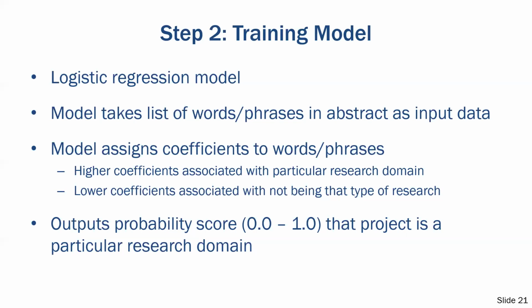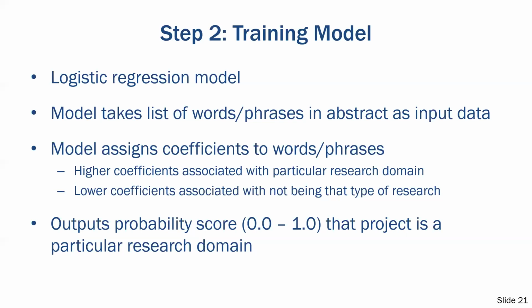It learned to associate each of these words and phrases with the manual review data, in which we had already categorized certain abstracts as HSR or not, and the words that were in abstracts that we did find to be HSR get higher coefficients associated with that particular domain, say HSR or patient safety.